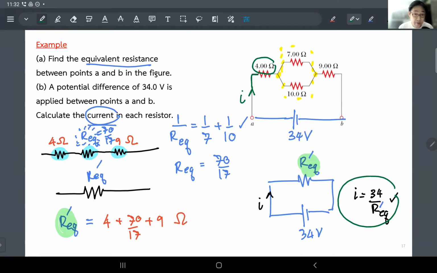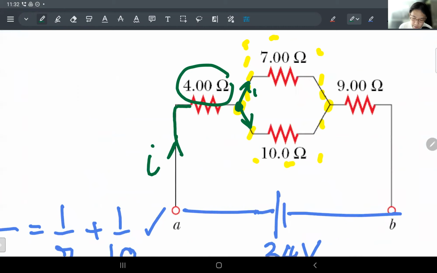But the hardest part is that the current has to split here, up and down. How much are they going to split? I think maybe this is the hardest part for those of you who haven't done this before, but the idea is still simple. There are a couple of ways you can do this. I can call this I1 and the bottom one I2.